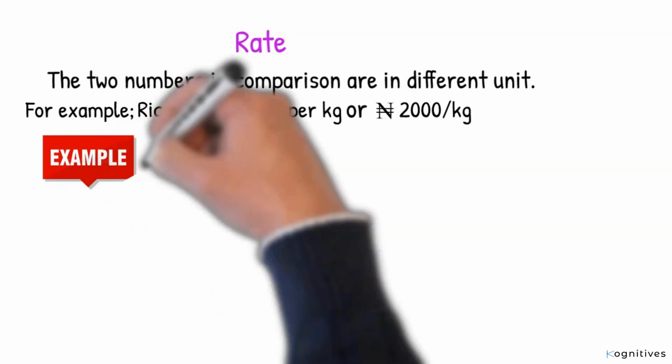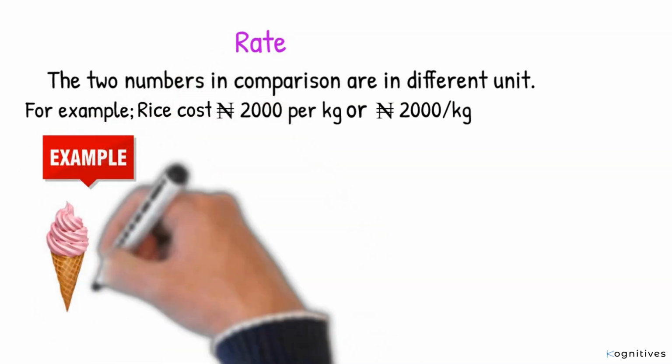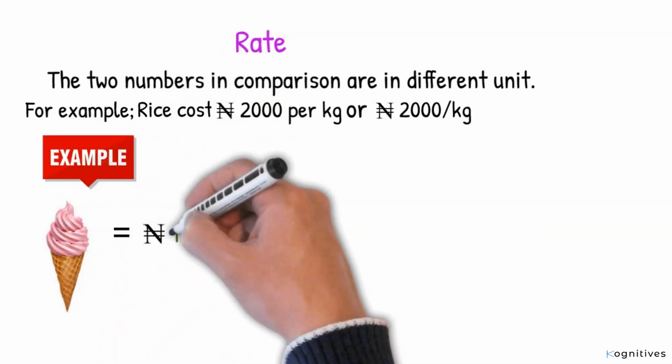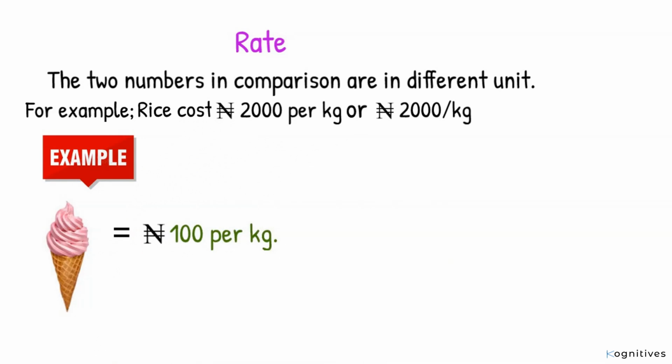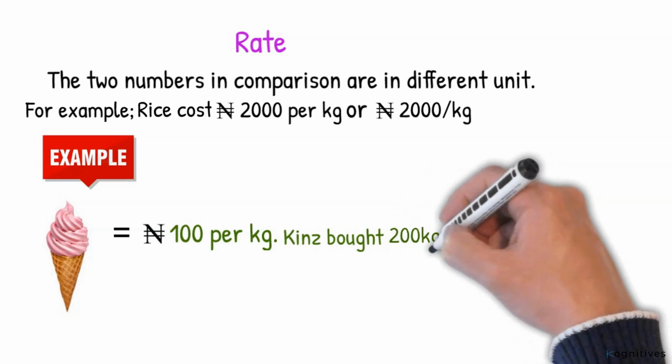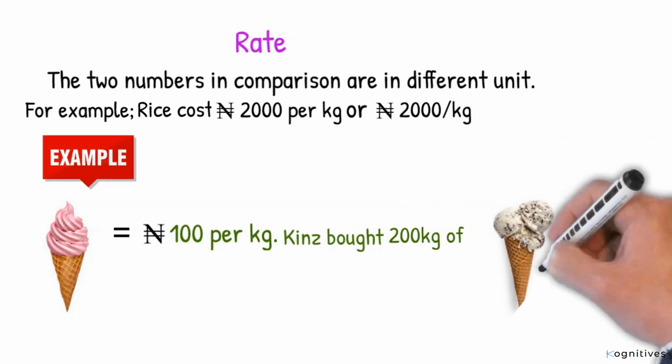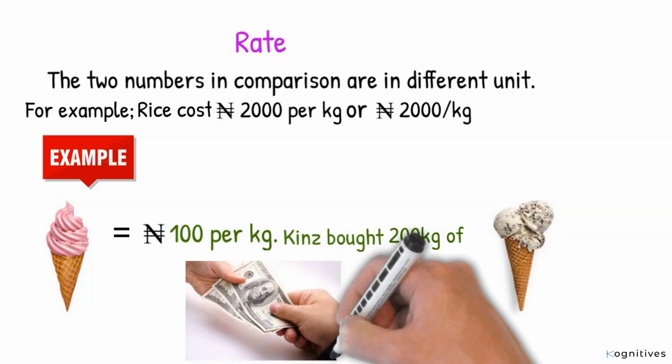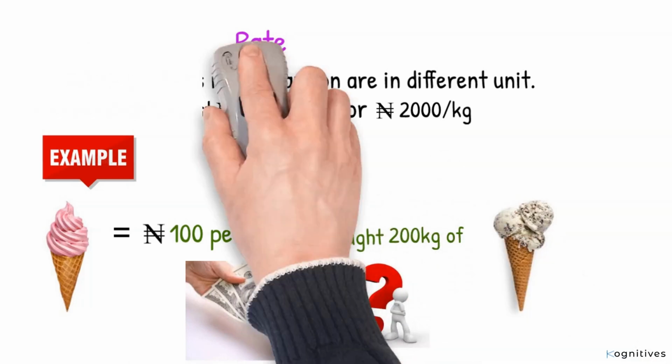Now, a quick example: ice cream costs 100 naira per kilogram. Kings bought 20 kilogram of ice cream. How much did he pay? We're told that ice cream costs 100 naira per kilogram.